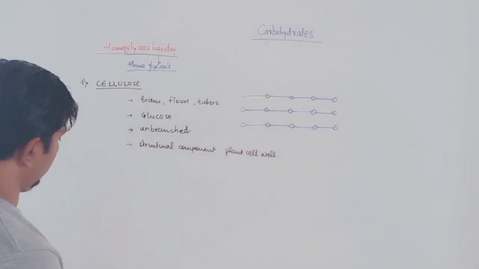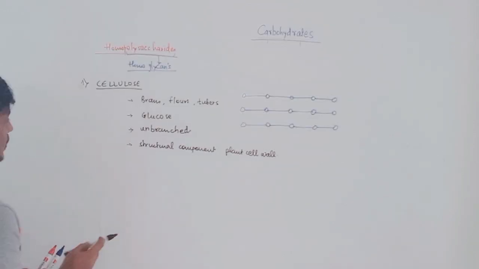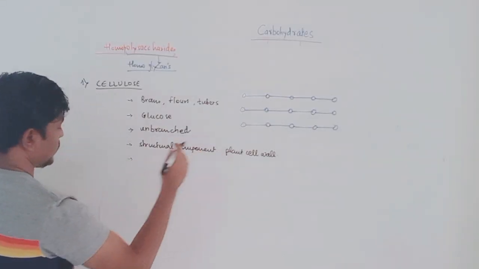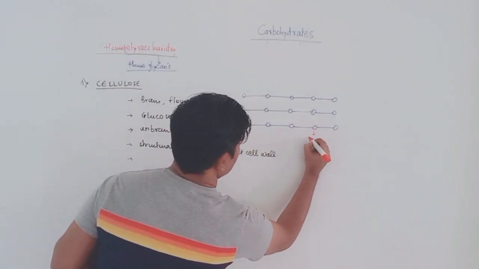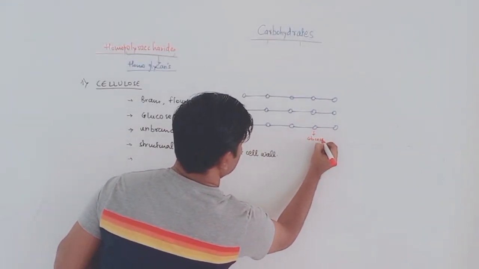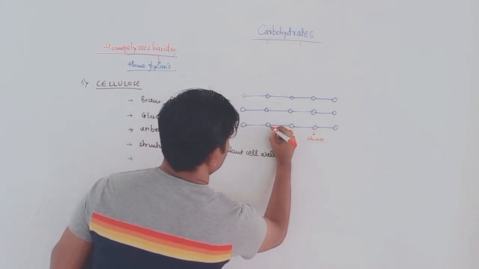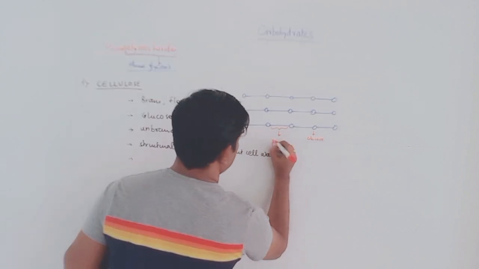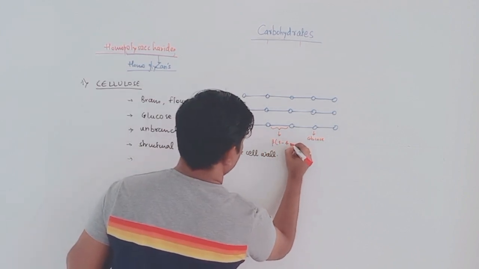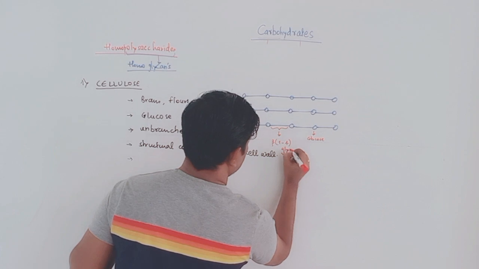The main bond present here is between glucose molecules. These are the glucose molecules, linked together with the help of beta 1,4 glycosidic bond.